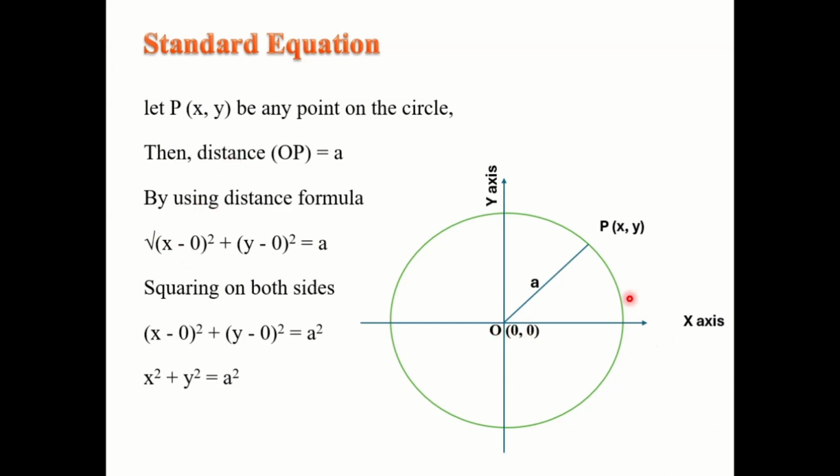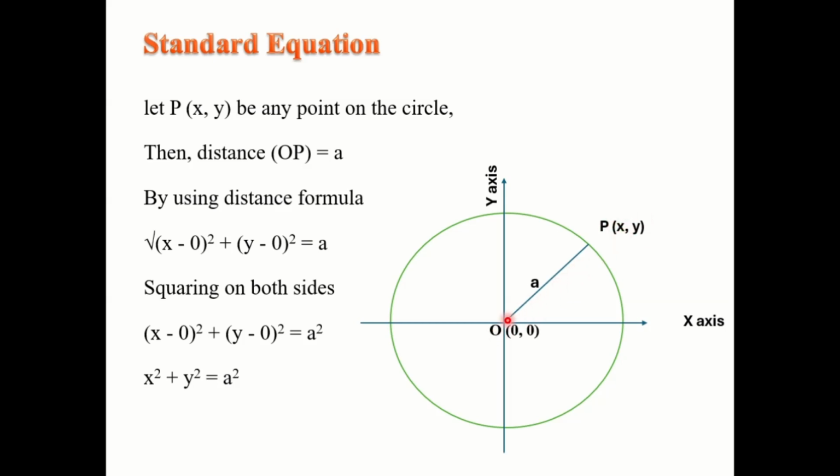Let us assume one point on this locus, that is P, whose coordinates are x and y. And distance OP is nothing but the radius of the circle. We represent it as A. Okay, we have studied the distance formula in plane coordinate geometry. As we know, the origin coordinates are 0, 0. We know the P coordinates and O coordinates, and OP is a radius.